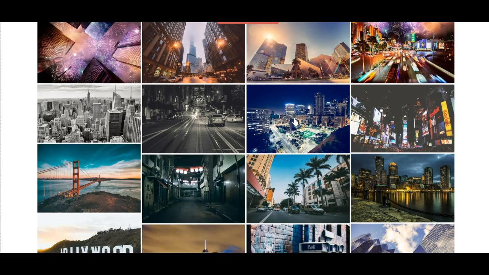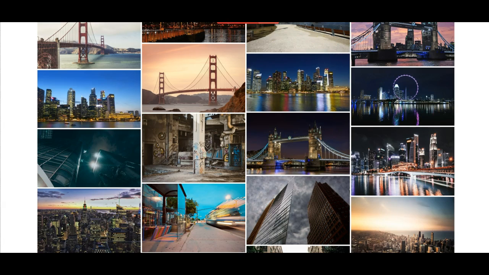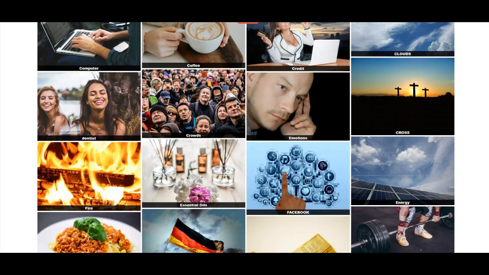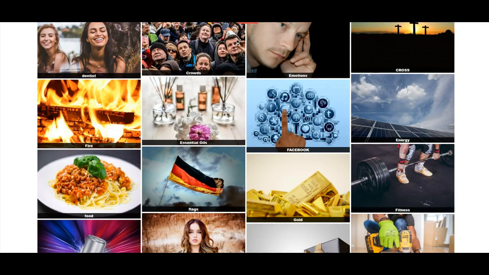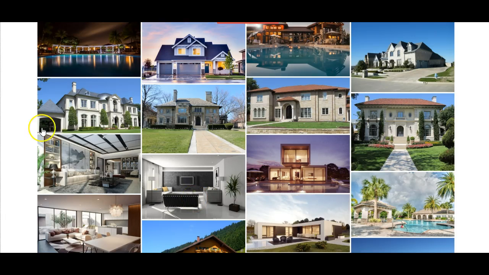Look at the city one time. And we got different background images, guys, that you can pick from. No, I'm gonna try homes. Let's try homes. Okay, click on homes. Just different pictures, guys.